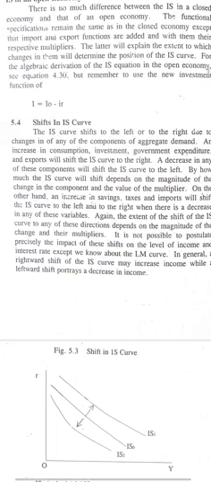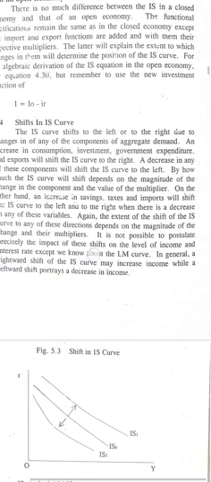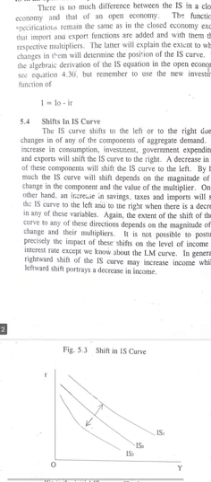By how much the IS curve will shift depends on the magnitude of the change in the components and the value of the multiplier. The magnitude of this change will determine whether it shifts left or right.